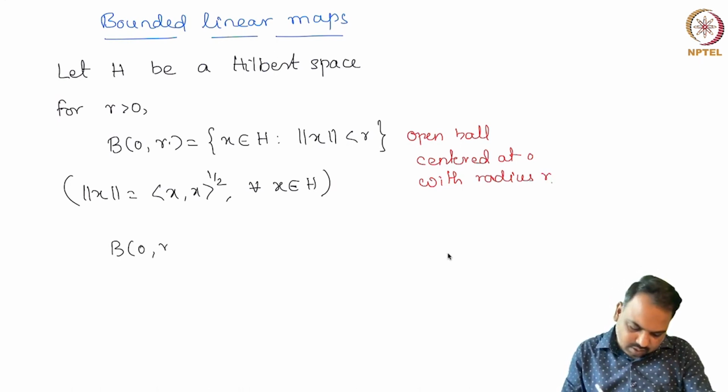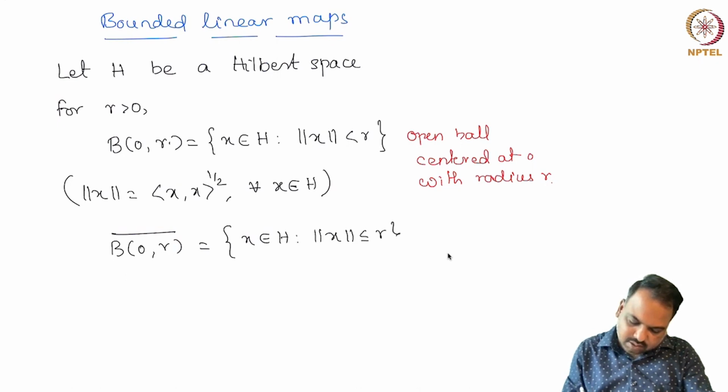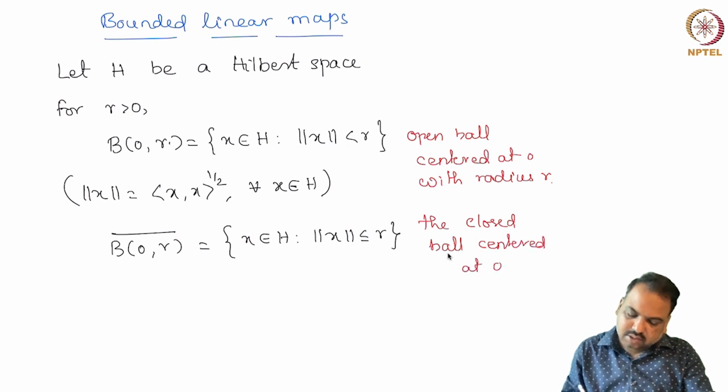The closure of B(0, r) is the set of all x in H such that the norm of x is less than or equal to r. This is the closed ball of radius r centered at 0.